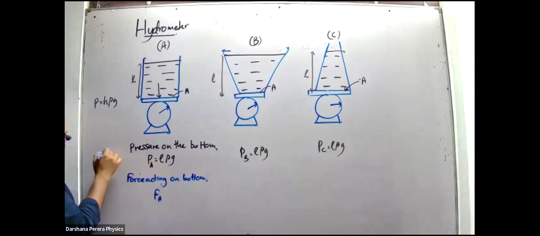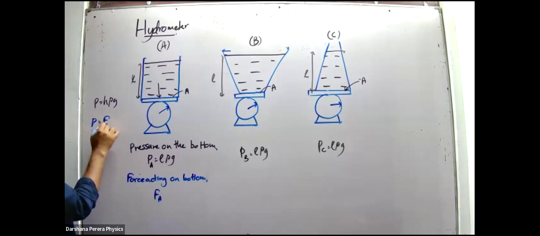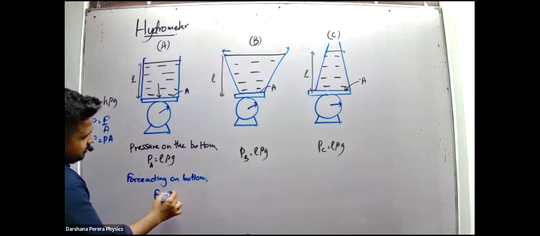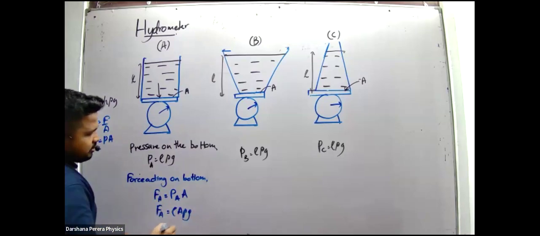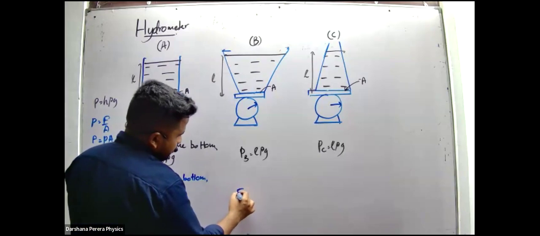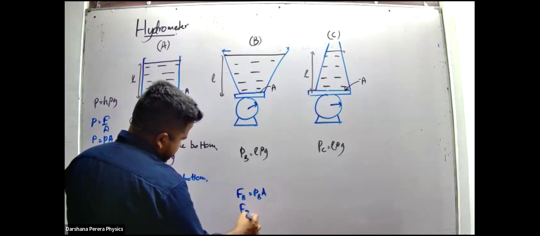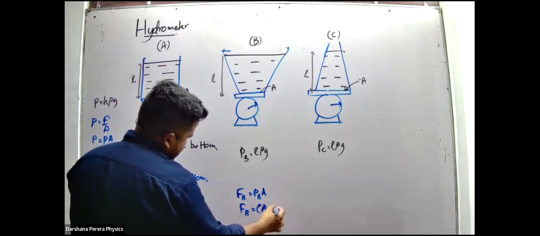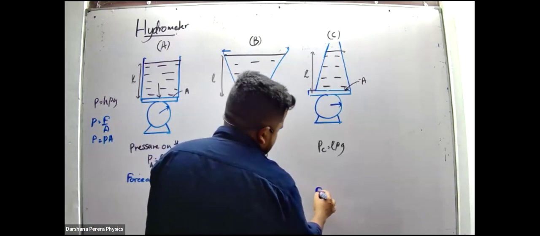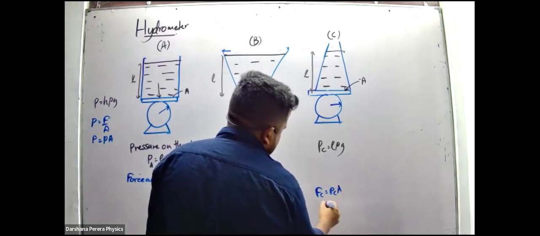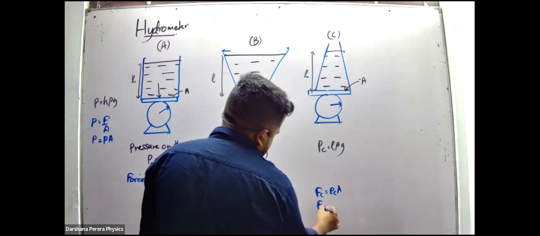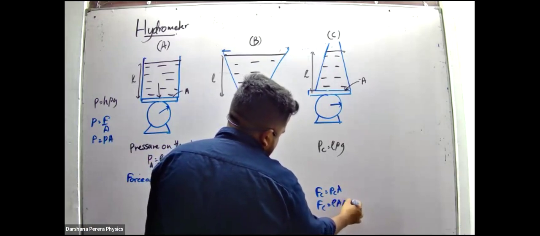F equals PA. Therefore, FA equals PA into A, which is H A rho g. FB equals PB into A, FB equals H A rho g. FC equals PC into A, FC equals H A rho g.